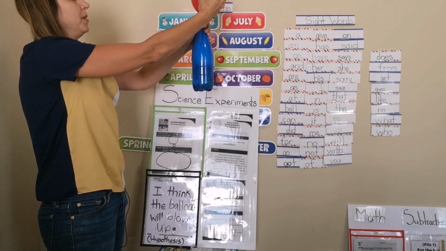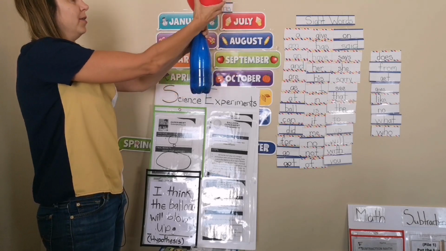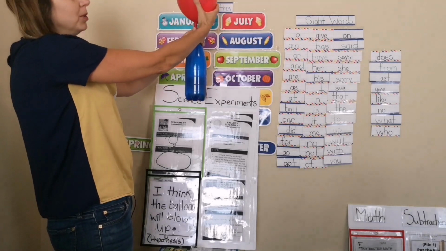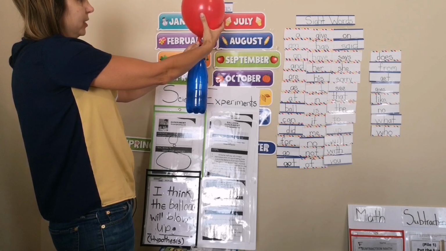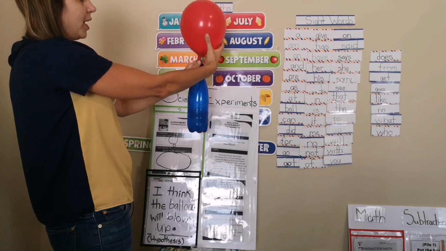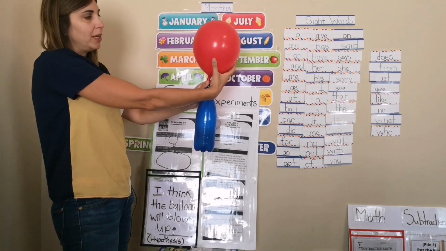What is happening? Whoa! Look at that! My bottle blew up my balloon. Isn't that cool? And it's still blowing it up pretty big. So that is a bottle with vinegar and a balloon with baking soda.